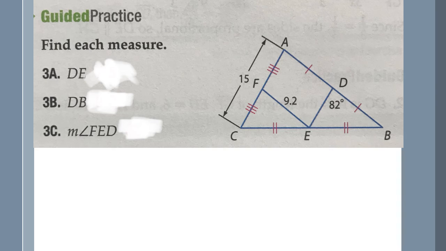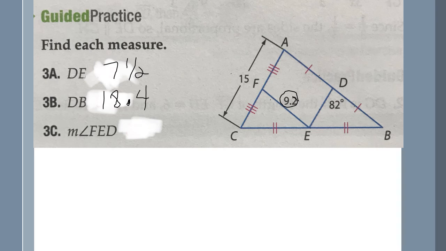Find each measure here. That's great. Segment DE. Well, segment DE is this segment right here. It's going to be half of this, so segment DE is going to be 7.5. Segment DB. Well, if this is 9.2, and these are midpoints, as we say here, then we're going to double that and get 18.4.